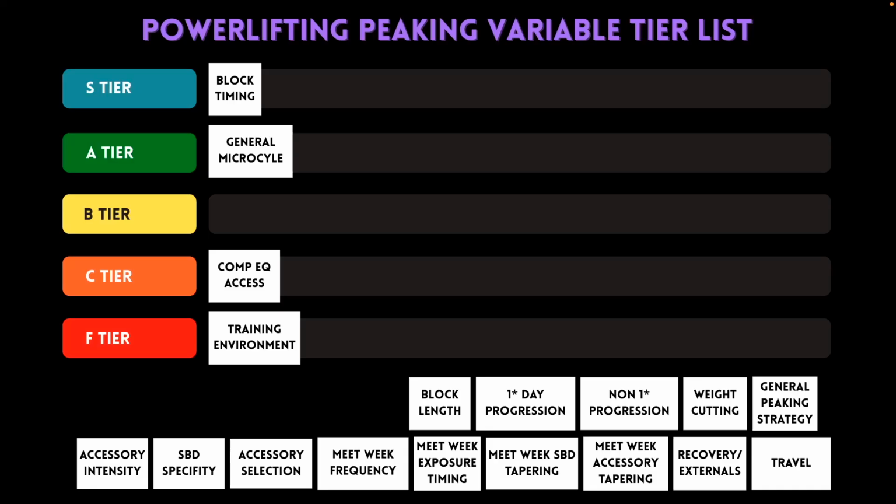But when it's taken into account as a system, then obviously it's very important. So it's less important than block timing, I think, and it's probably right up there with general microcycle because of how related they are. So I think I'll go ahead and put it right in that A tier if you agree. Yeah, I fully agree. Definitely A tier, maybe the very end of S tier. Yeah, I think that's a good spot for it.